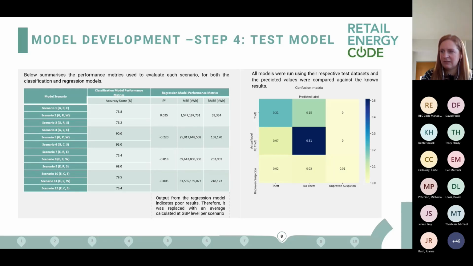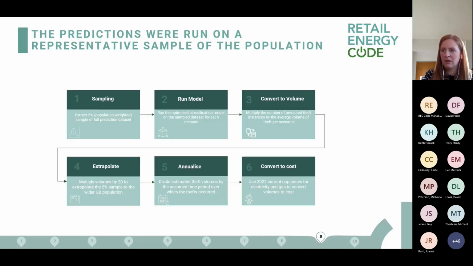So we go to the next slide, please. Once we trained the classification model, we had to apply the predictions. Due to the full scale data set, we took a 5% extract of the full Great Britain set to apply the predictions.